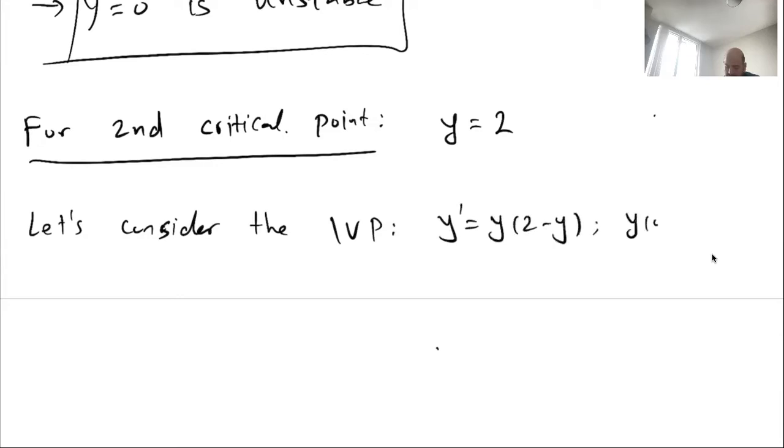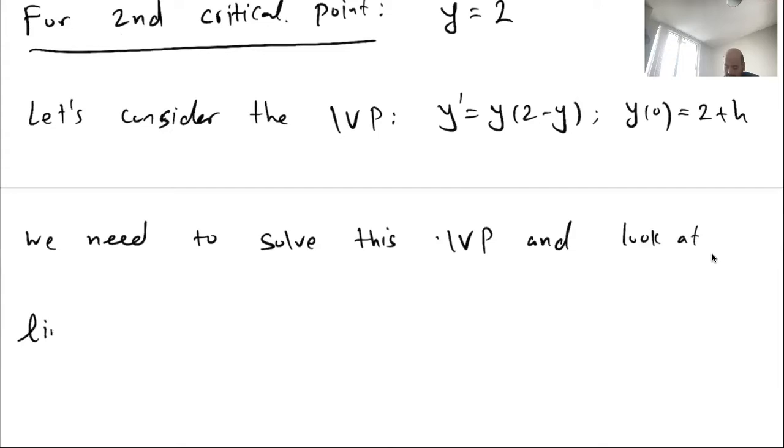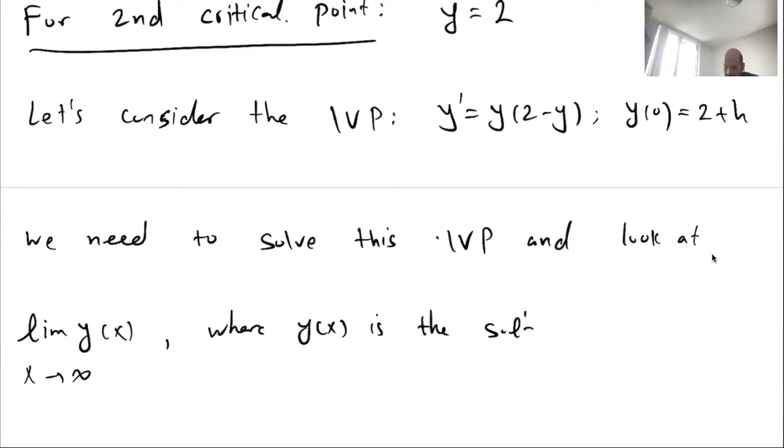This time with the initial condition y of 0 equals 2 plus h. We need to solve this IVP and look at the limit of y of x as x goes to infinity, where y of x is the solution of the IVP above.